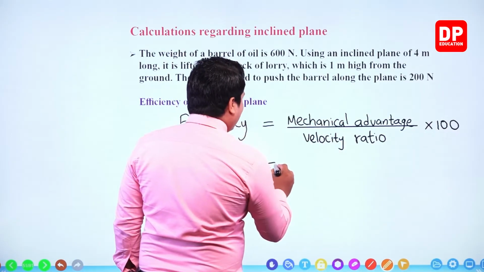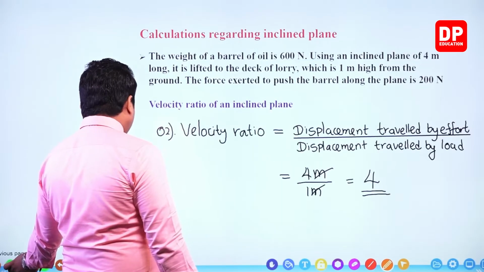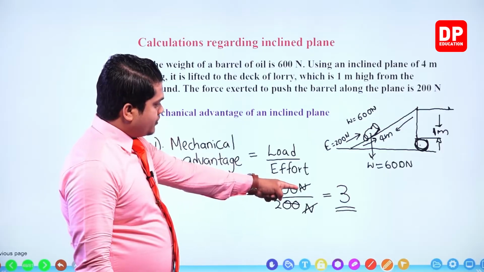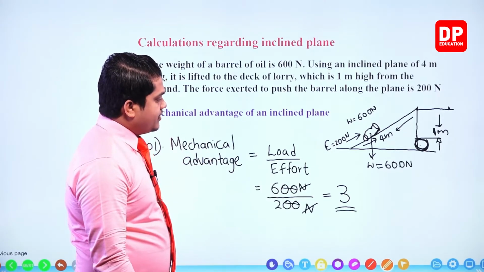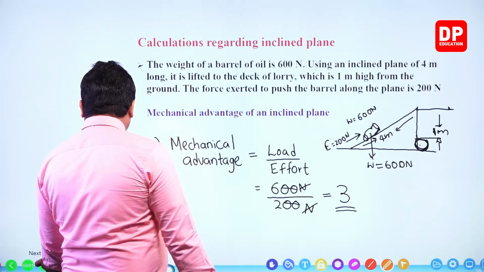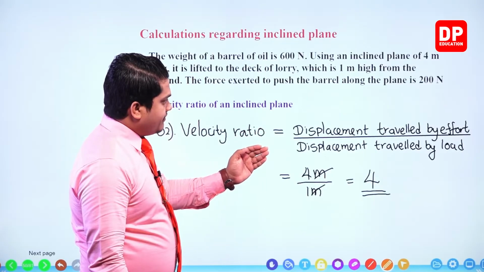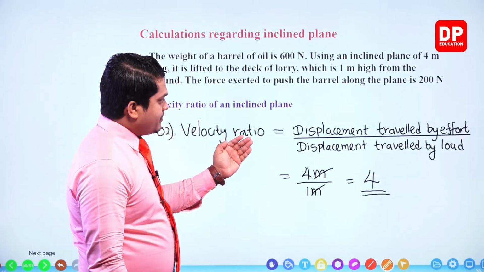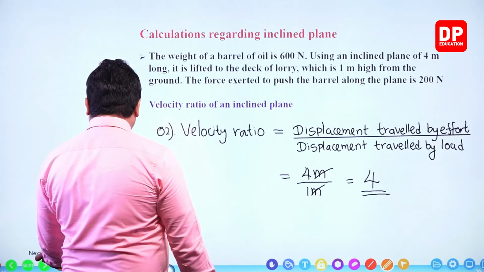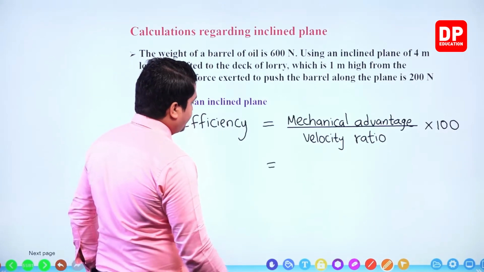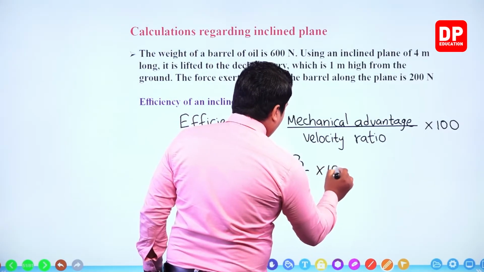The mechanical advantage we found in our first question: load over effort, it is equal to 3. Then the velocity ratio, displacement traveled by the effort over displacement traveled by load, is equal to 4. So 3 over 4 into 100.